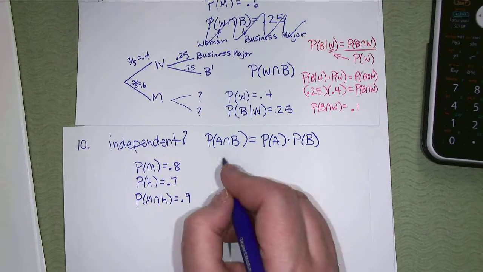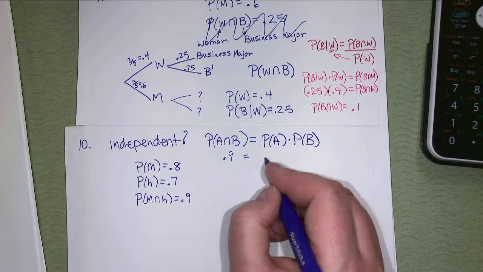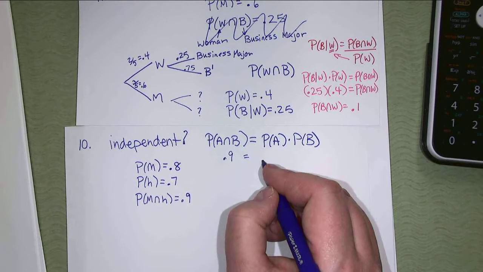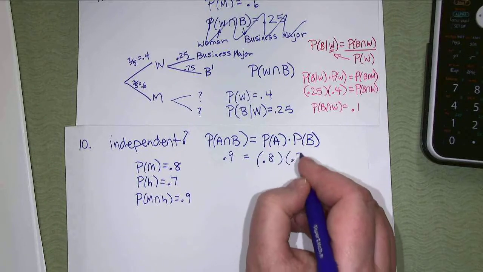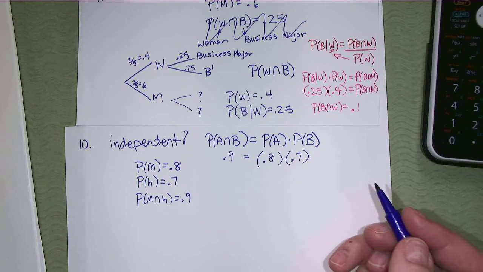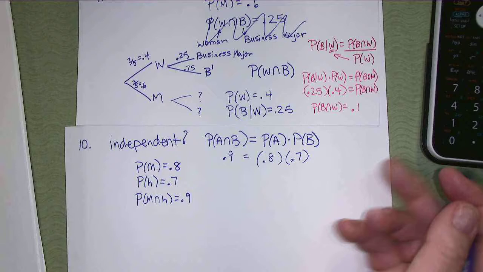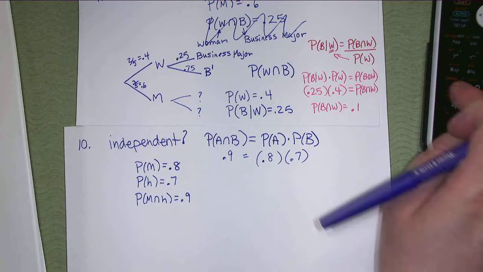I don't think this question makes a lot of sense if you're thinking about it. So is the intersection equal to both of them being multiplied? No. 0.8 times 0.7 is what? 0.56.